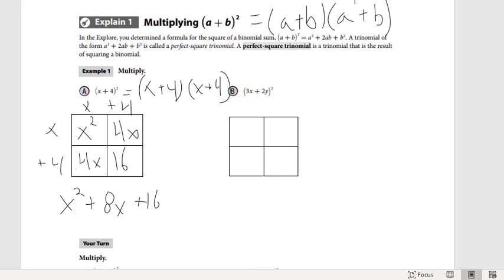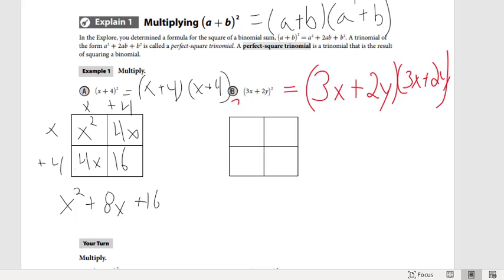All right, B, second example. Expand it out. 3x plus 2y times 3x plus 2y. All right, put it into our box. 3x, 2y, 3x plus 2y. 3x times 3x, 9x squared.